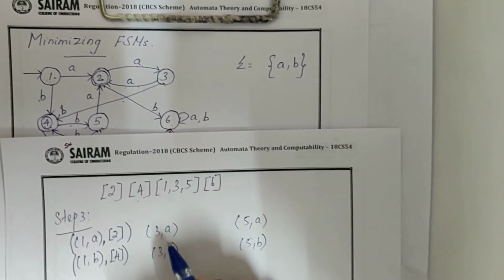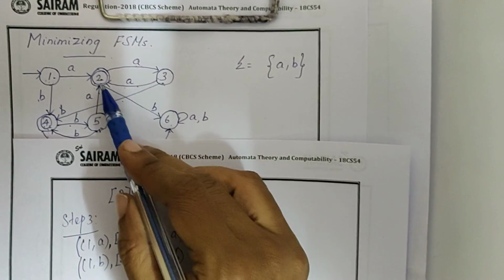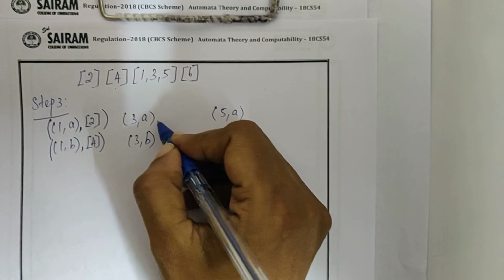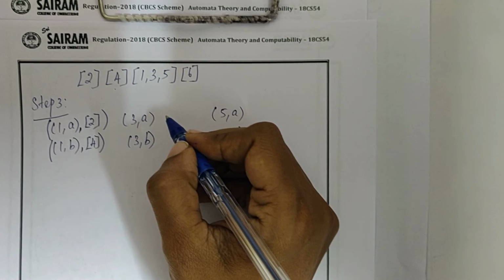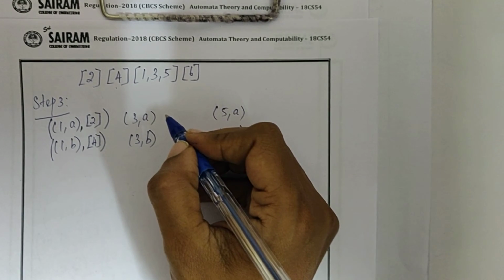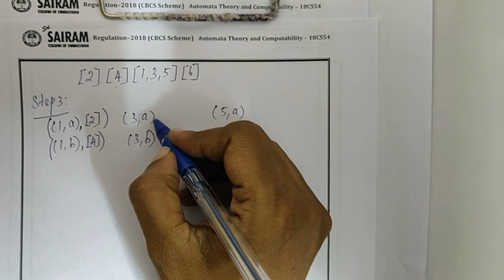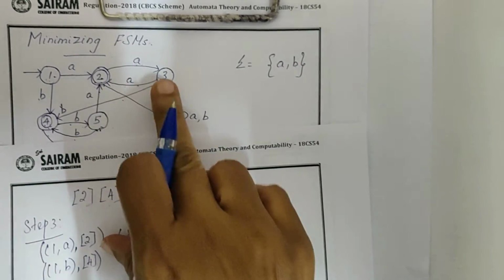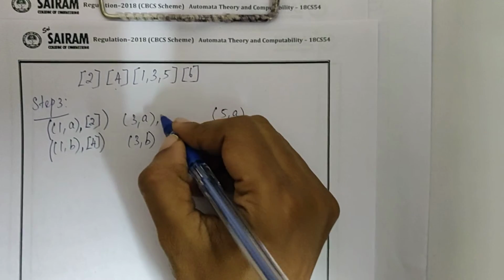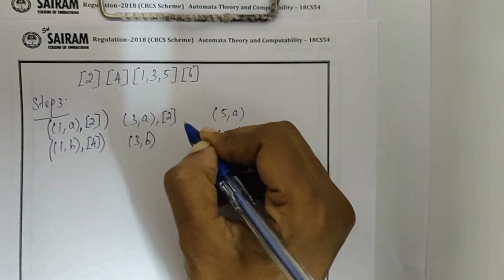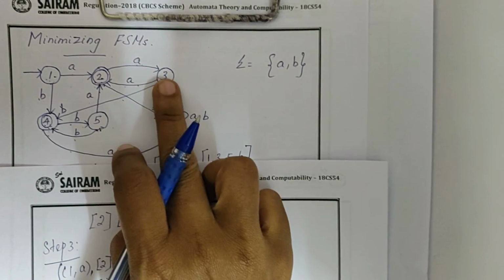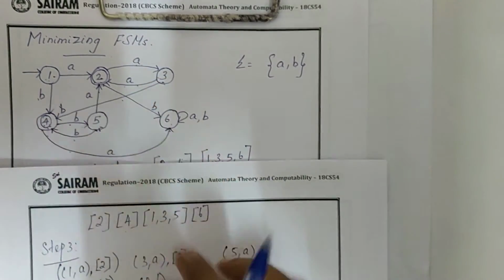Similarly 3 when it takes A input, it is coming to 2. 3 B input, it is coming to 4.